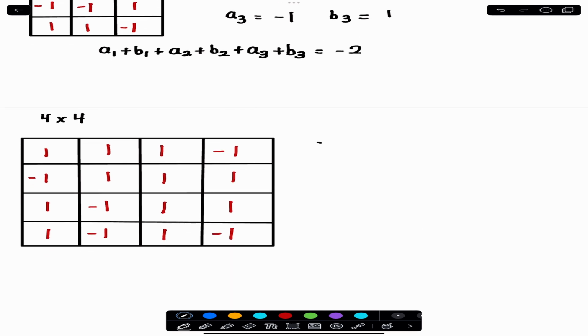Similarly, I've already done the calculations to the side.